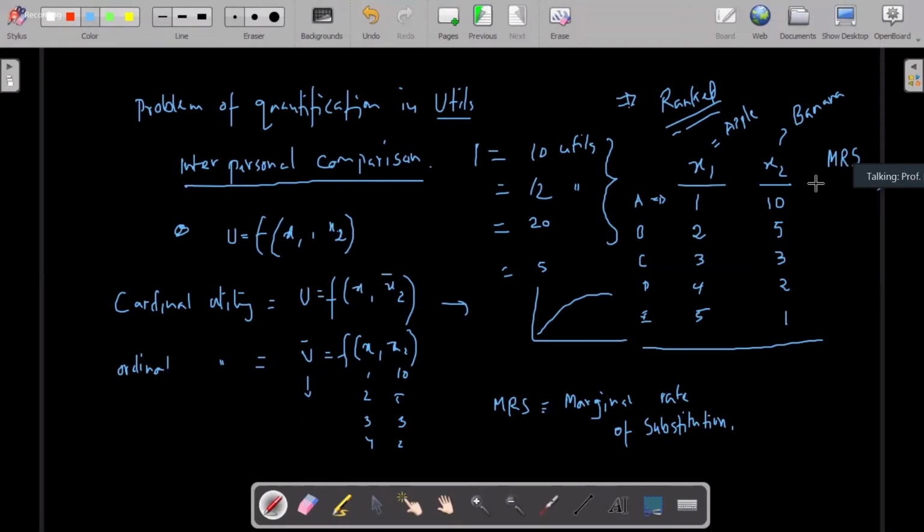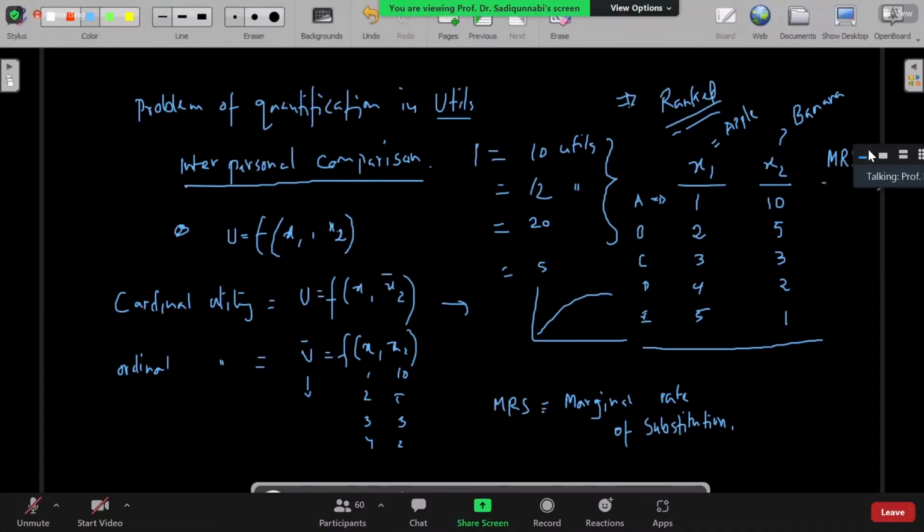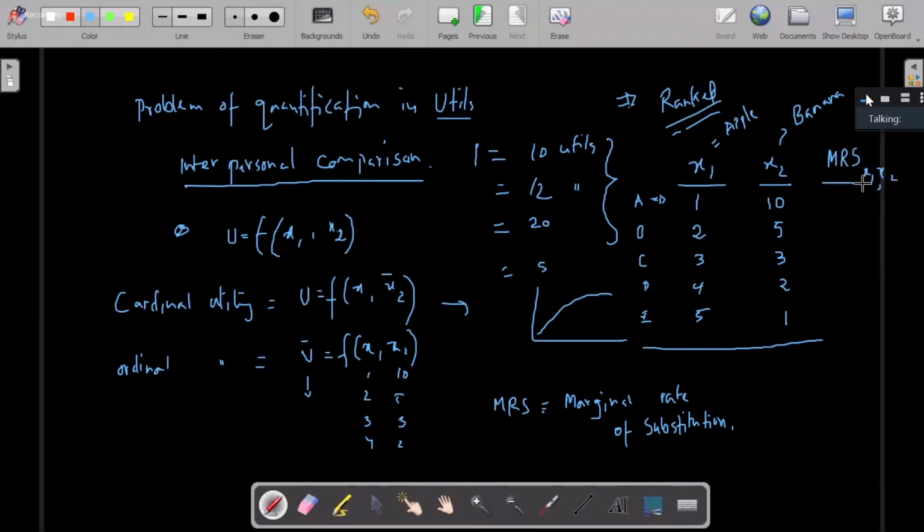Now, is this marginal rate of substitution increasing, decreasing, or constant? Which one is correct? It's decreasing, sir.